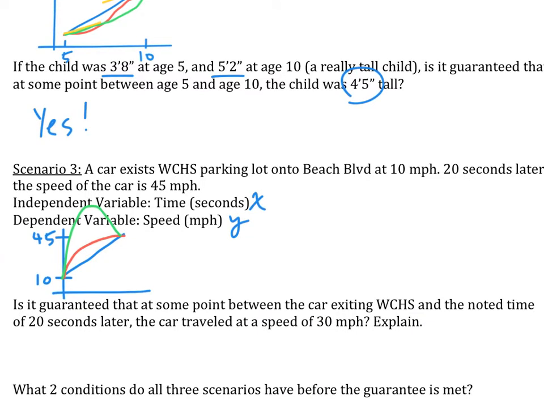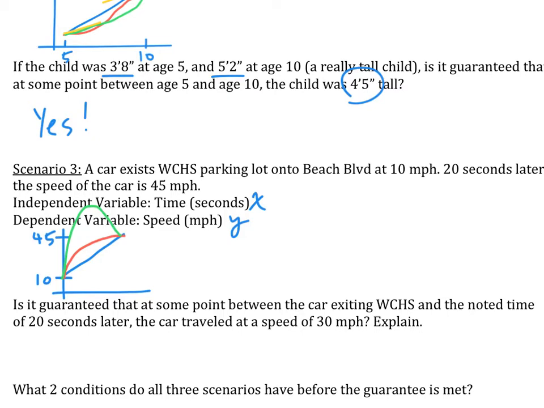The next question again is, is it guaranteed that at some point between the car exiting WCHS and the noted time of 20 seconds later, this car traveled at a speed of 30 miles per hour? So if you know this car exited at 10 miles per hour and then 20 seconds later it was at 45 miles per hour, can you guarantee that sometime between this 20 seconds, this car was at 30 miles per hour?